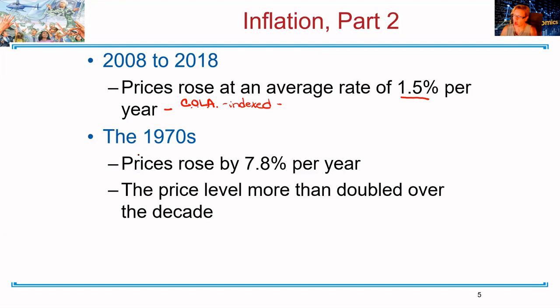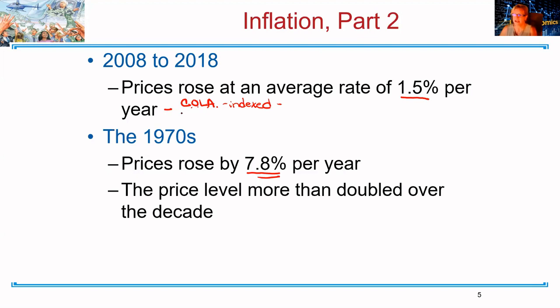If we look at it in a longer time span, in the 1970s, from 1970 to 1979, prices rose about 7.8% per year. So you can see that that's vastly different than what we've had in the recent decades. Now, who's hurt by these increases in the average prices?